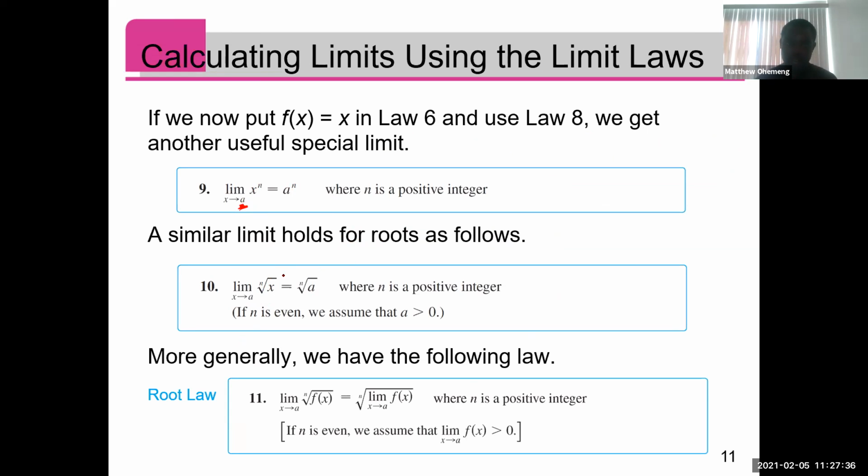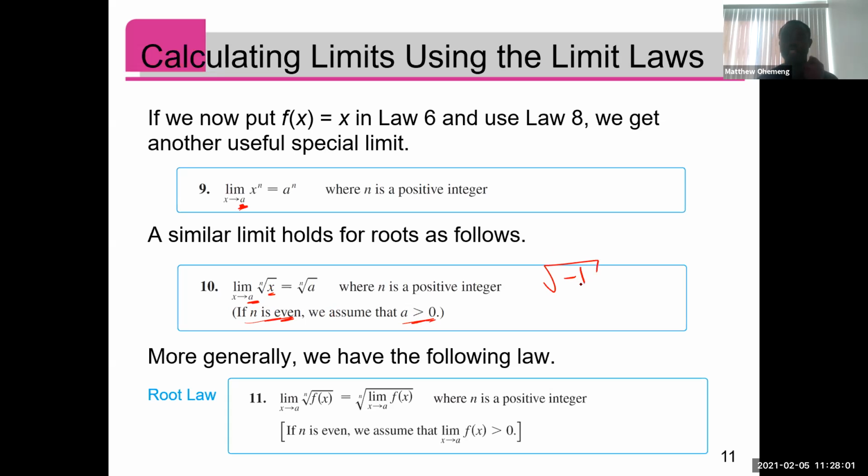For this one, if you have a root, the limit as x approaches a of the nth root of x is just the nth root of a. We are just plugging in a in place of x, right? Now recall that we can't have an even root of a negative number. So in this case, you're assuming that if n is even, then a has to be positive, because we can't have something like the square root of negative 1.